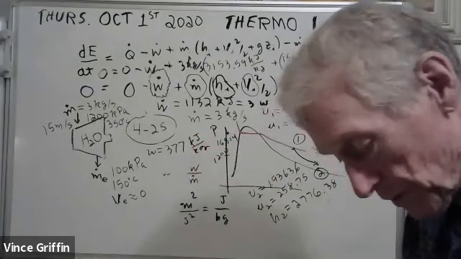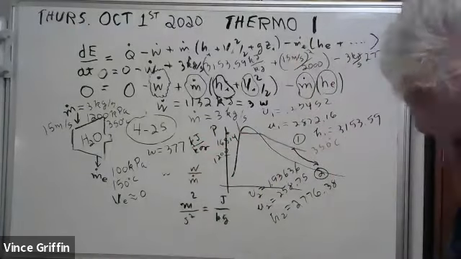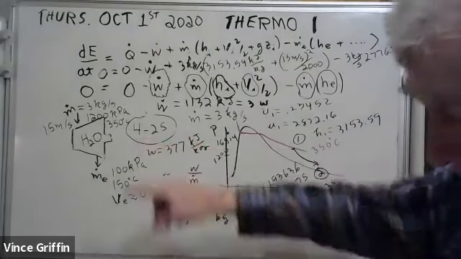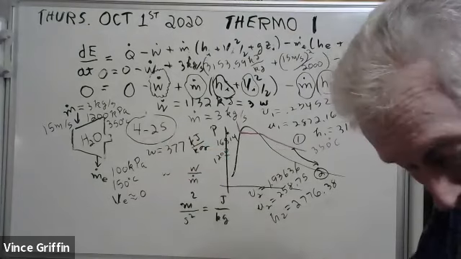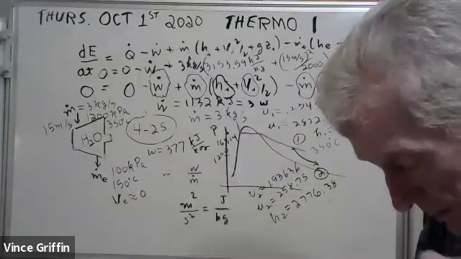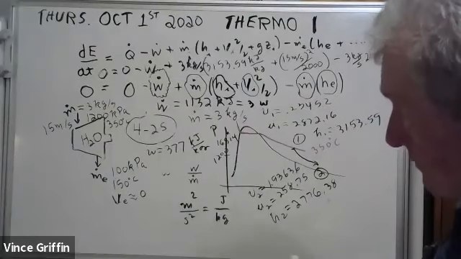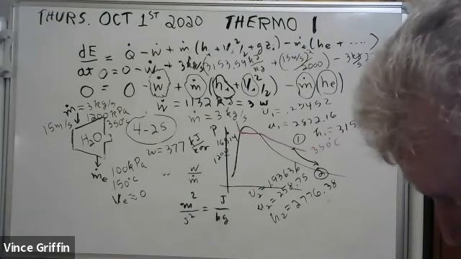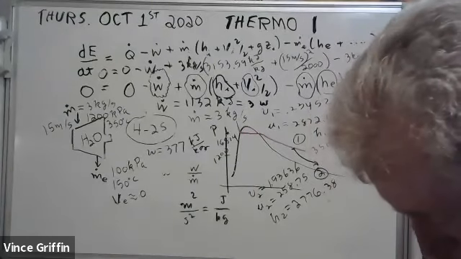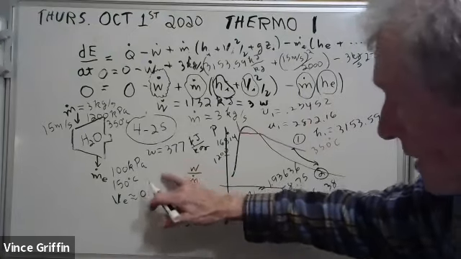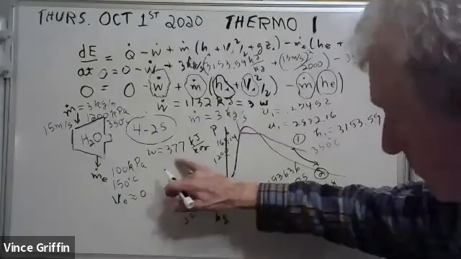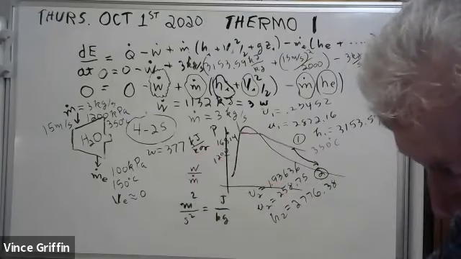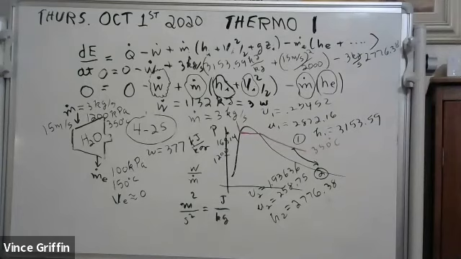I got an answer book here, and this was problem 425. We're trying to do 425, and they said that's what they got. Yeah, we got the same thing they got. The answer book says 377.3 kilojoules per kilogram. We did great. Yay, we did good.